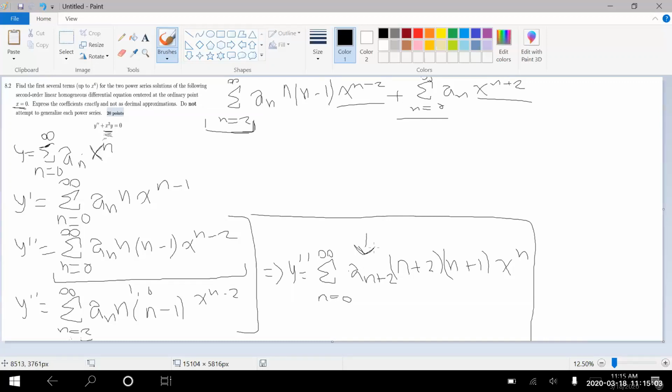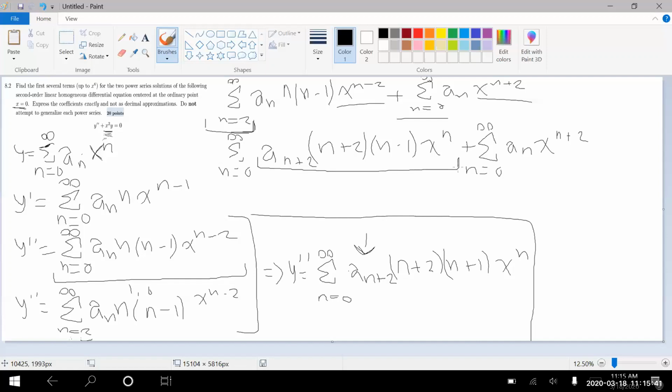So we're going to rewrite this as the summation n equals 0 of a sub n plus 2, n plus 2, n plus 1, and then x to the n. Okay, and for now, I'm just going to leave this second summation alone.